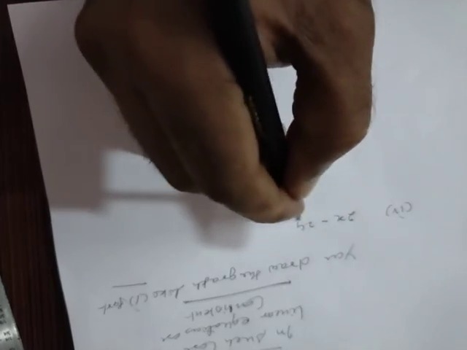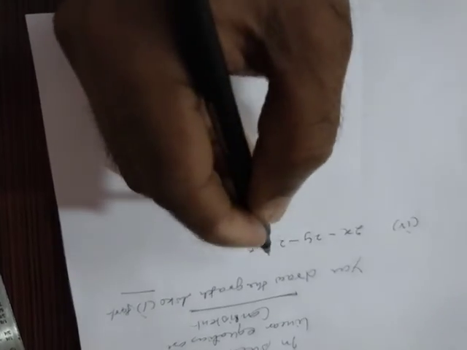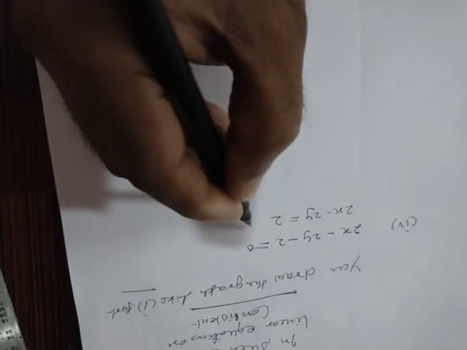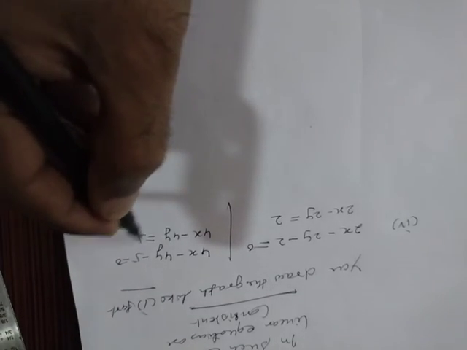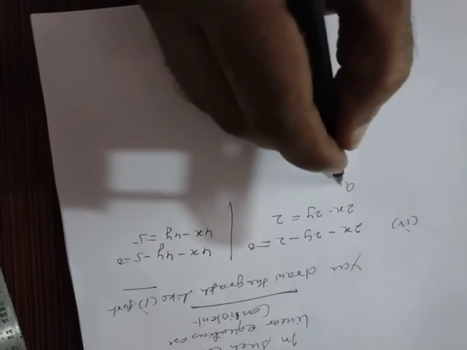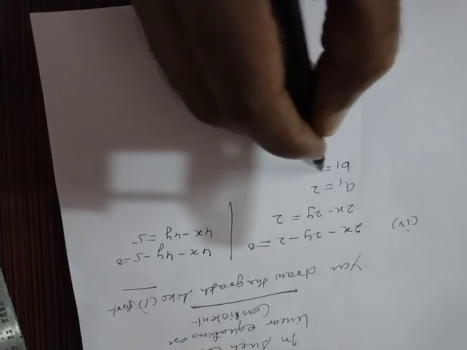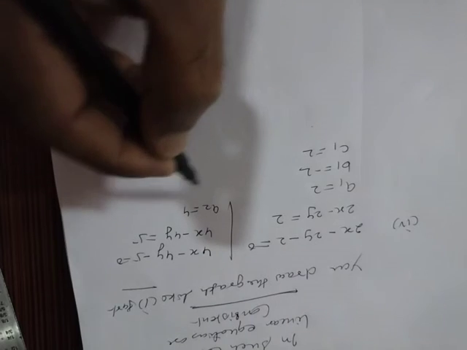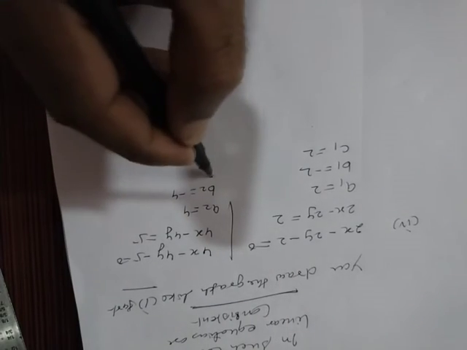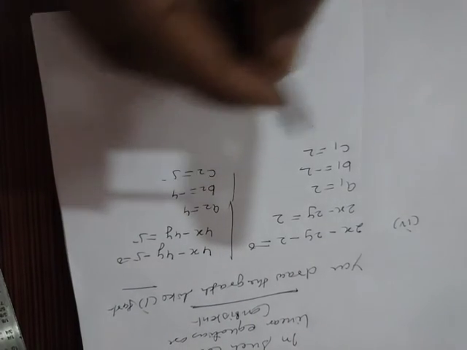Now fourth: 2x minus 2y minus 2 is equal to 0, so 2x minus 2y equal to 2, and 4x minus 4y minus 5 is equal to 0, so 4x minus 4y equal to 5. Now a1 is equal to 2, b1 is equal to minus 2, c1 is equal to 2. a2 is equal to 4, b2 is equal to minus 4, c2 is equal to 5.